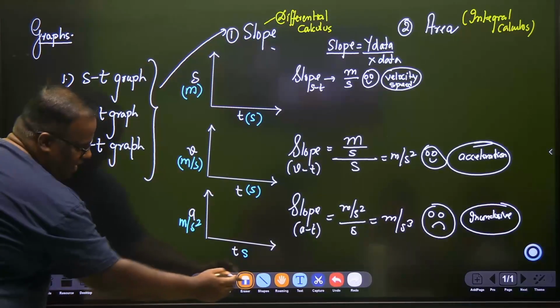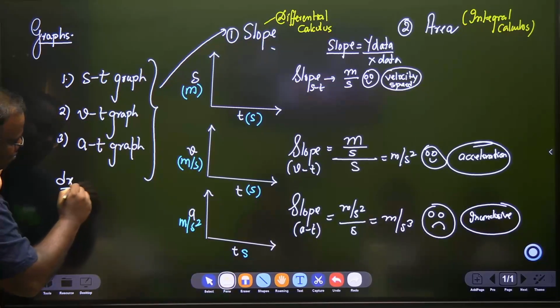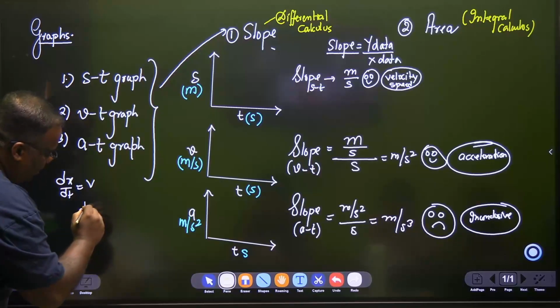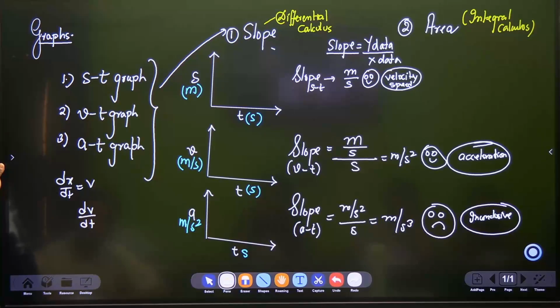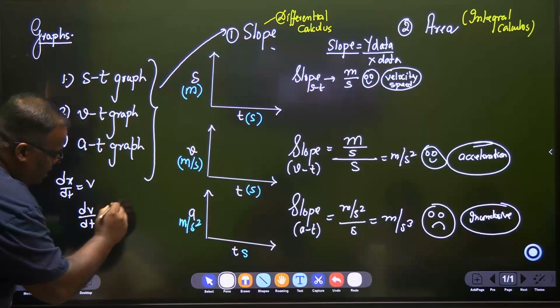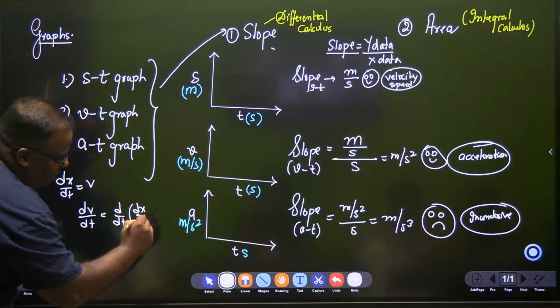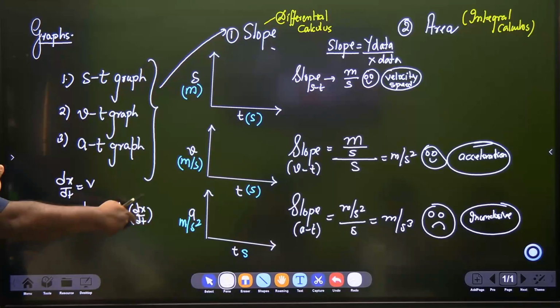If I write dx by dt, it means what? Velocity. If I write dv by dt, acceleration. Now this dv by dt can also be written as d by dt of dx by dt, because what are you differentiating? Velocity. Velocity is dx by dt.